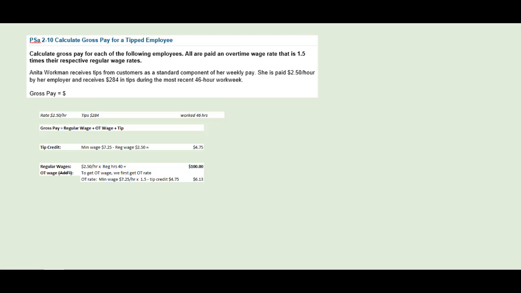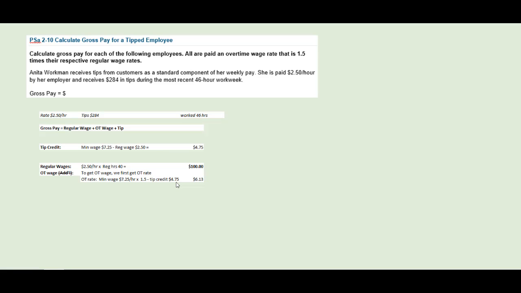Again, the overtime rate is typically 1.5 times the regular rate, and here the regular rate is $2.50. But that's below the minimum wage. So we use the minimum wage times 1.5, and then we subtract the tip credit of $4.75.